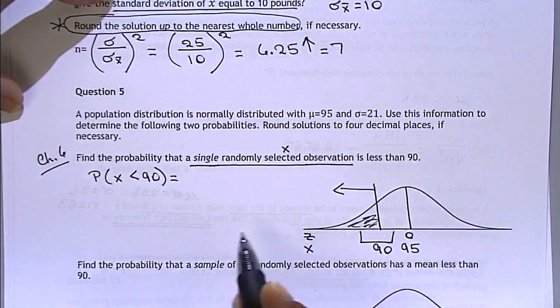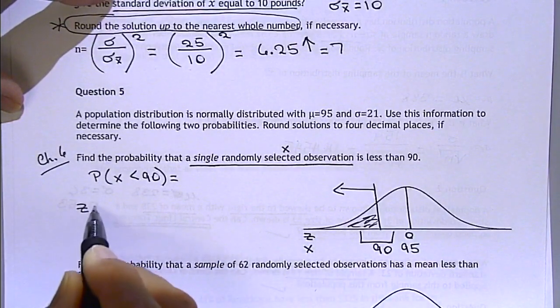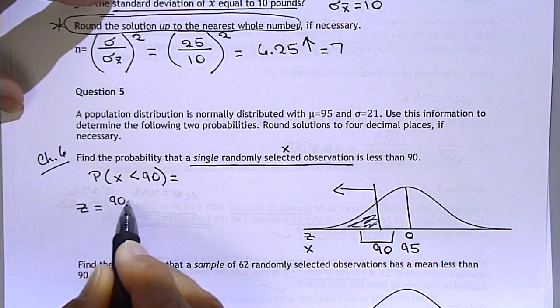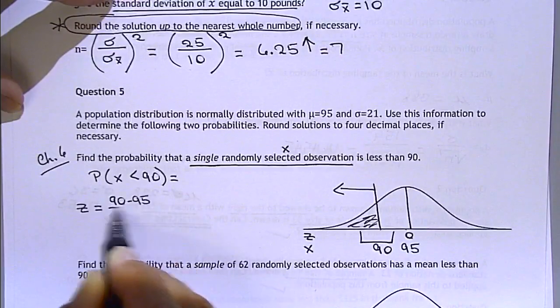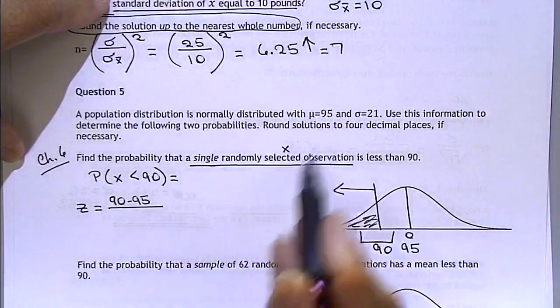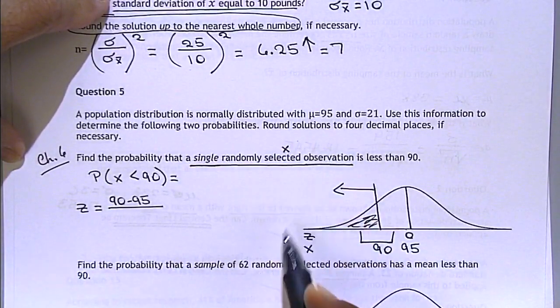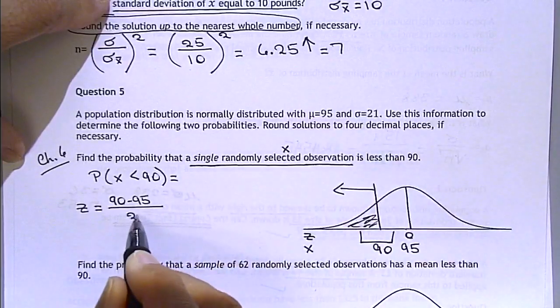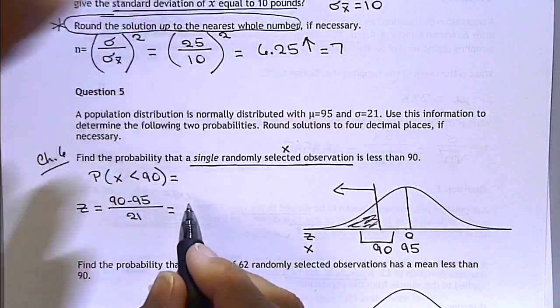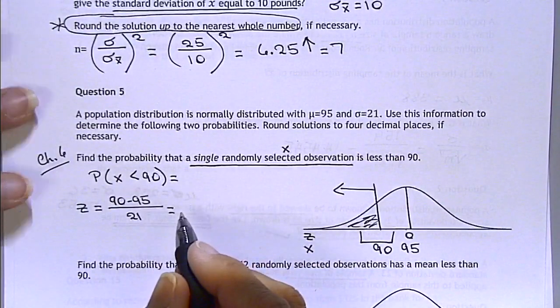Okay, so I'm going to say Z is equal to 90 minus 95 divided by, now do I need to adjust the standard deviation? Nope, no sample size is involved in this question, right? So it's just use the population standard deviation, just like we did in chapter 6. So I really got a negative 5 divided by 21, don't I?